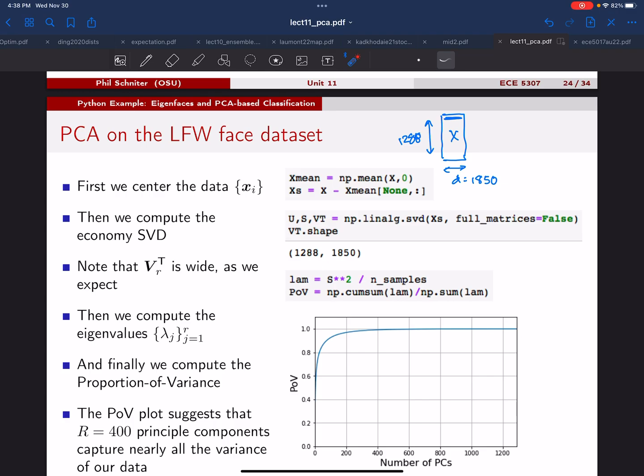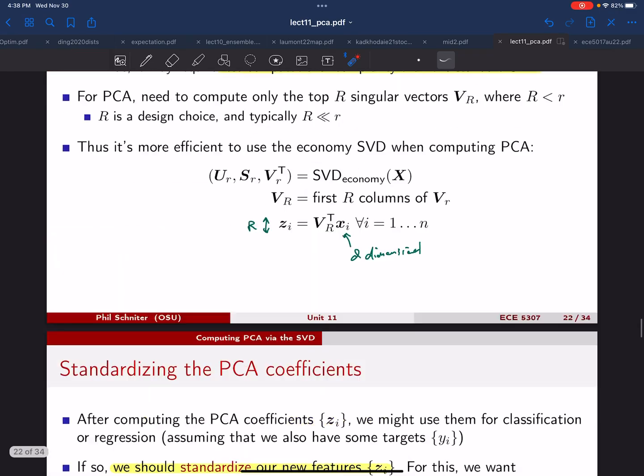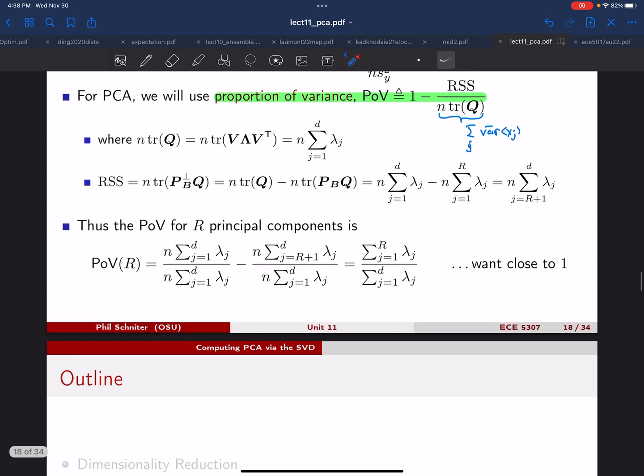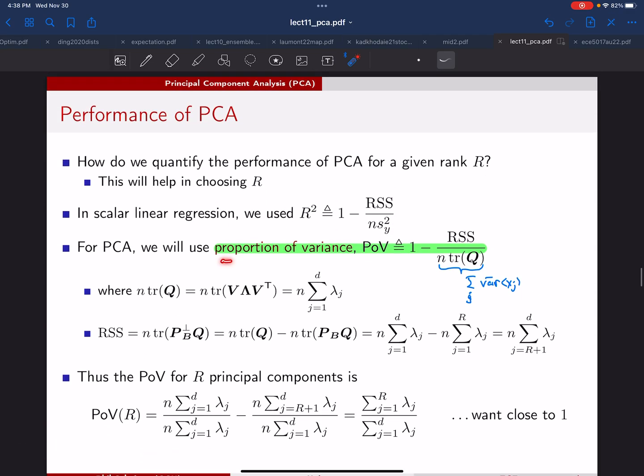We know that the performance of PCA, we talked about this proportion of variance. Basically, for proportion of variance, as a function of how many components R we use, it looks like this. So this D dimension is fixed. It's from the original data, and R is our choice.